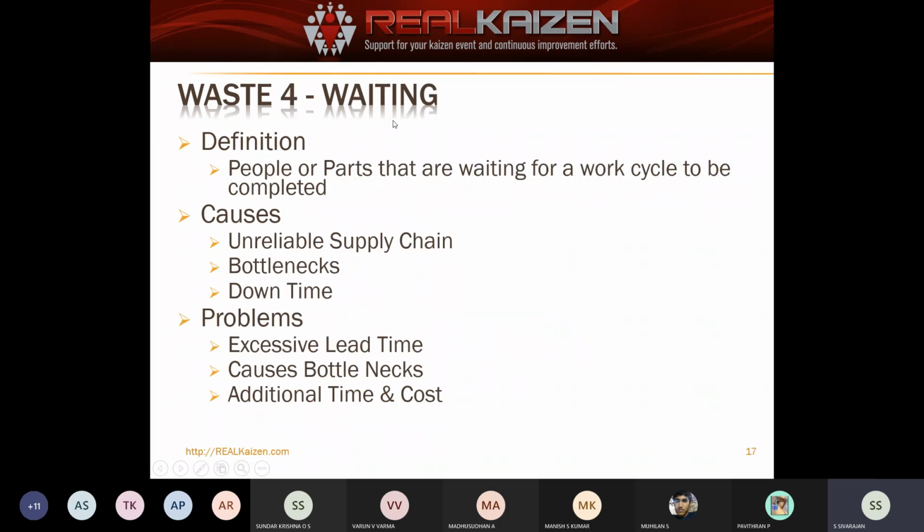And finally, the fourth one is waiting. Unnecessary waiting, and you will be surprised. In one of the slides I was just going through, the component can be made in 40 minutes, but the lead time, from getting the order to delivering it to the customer, is going to be 5 days of 2 shifts. 2 shifts means 8 hours into 2, 16, and 16 into 5, 80 hours.